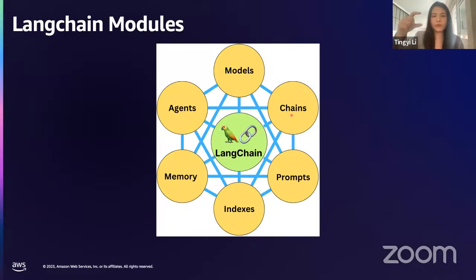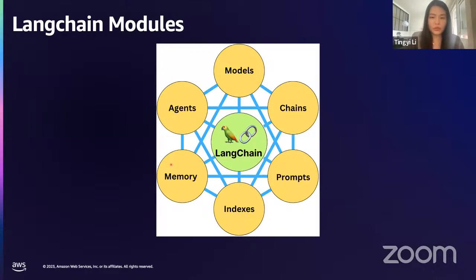You can chain a few operations together. You can chain a few LLMs together to complete a single task. For instance, you get the answer to a first question, and then you use that answer as the prompt to the second large language model. So you can chain them together like a hard-coded sequence of actions.